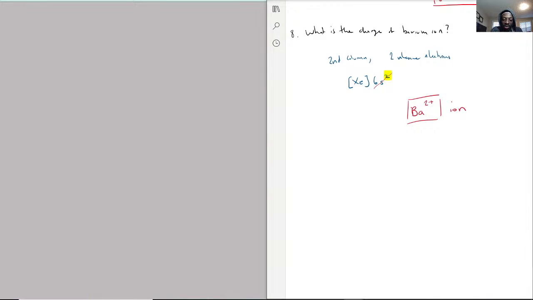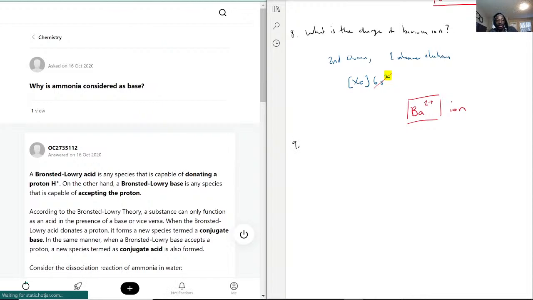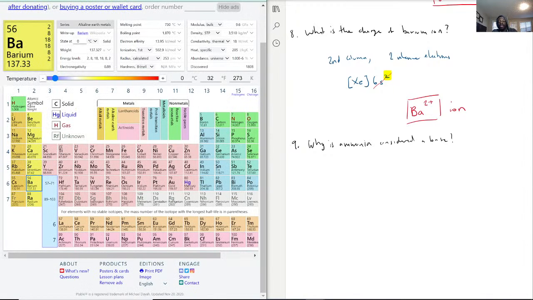So now question 9. Why is ammonia considered a base? So actually, for this, because ammonia almost has no relation between name and compound, you just have to kind of memorize it.